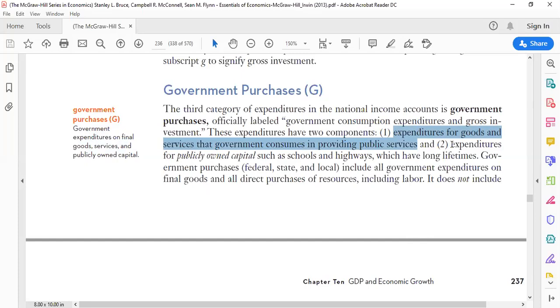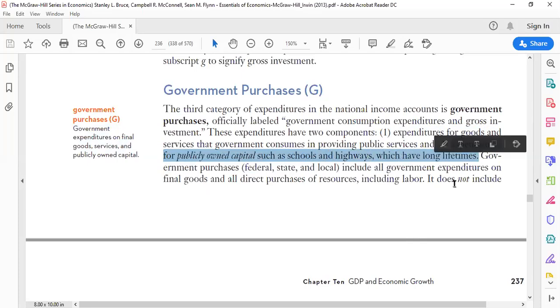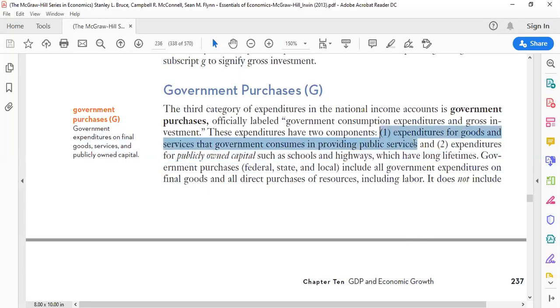Second, expenditures for publicly owned capital such as schools and highways, which have long lifetimes. The first type of expenditure is known as non-development expenditure. This type of expenditure is known as development expenditure.